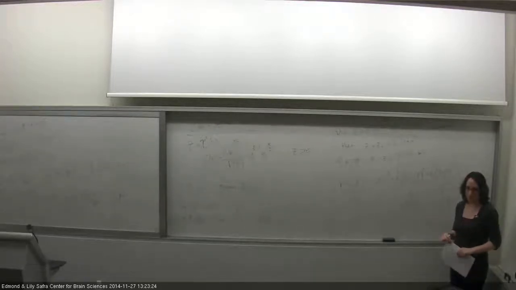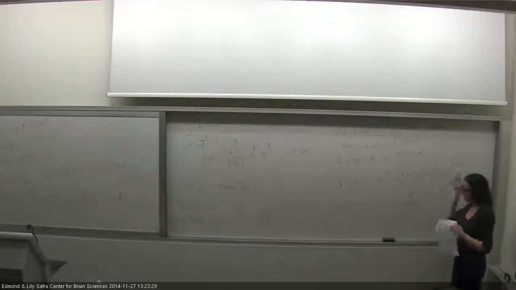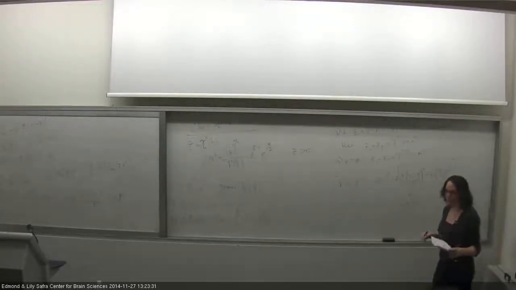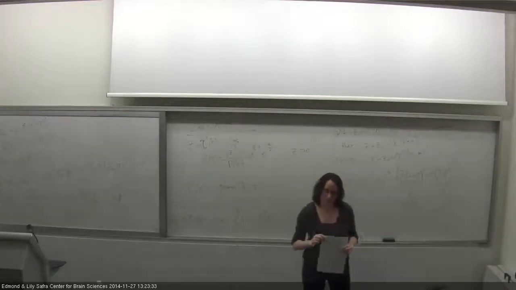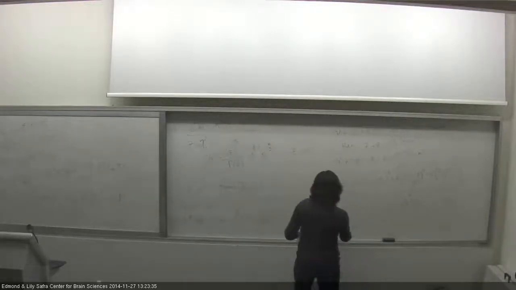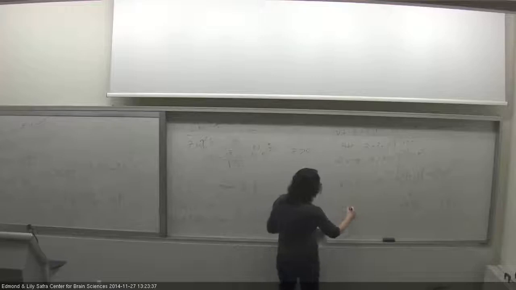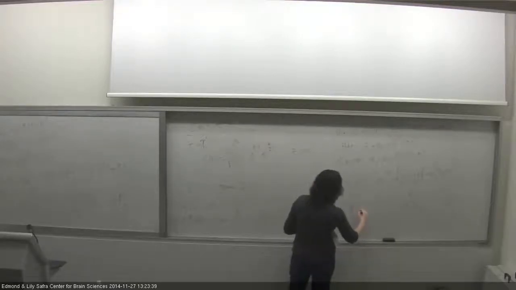You need to know all of them. But this is just hand waving. You can see the proof in the book, I think. So how is y distributed? According to chi-square with n minus 1.